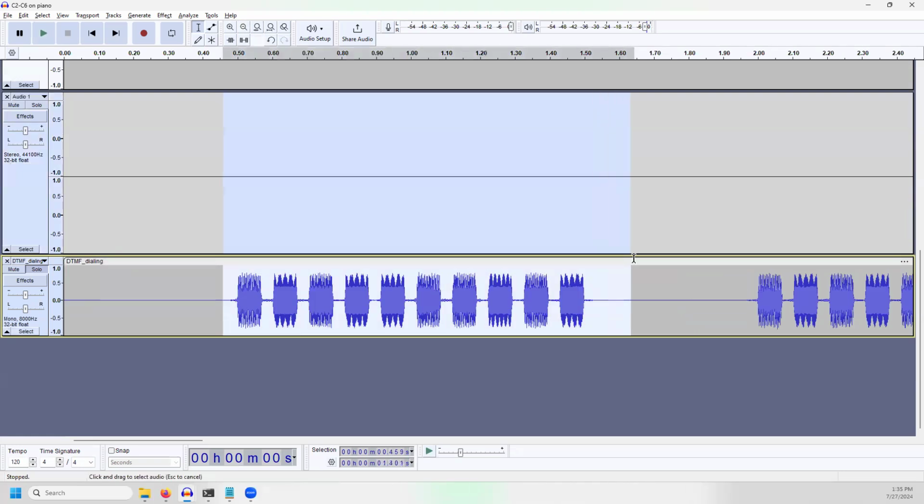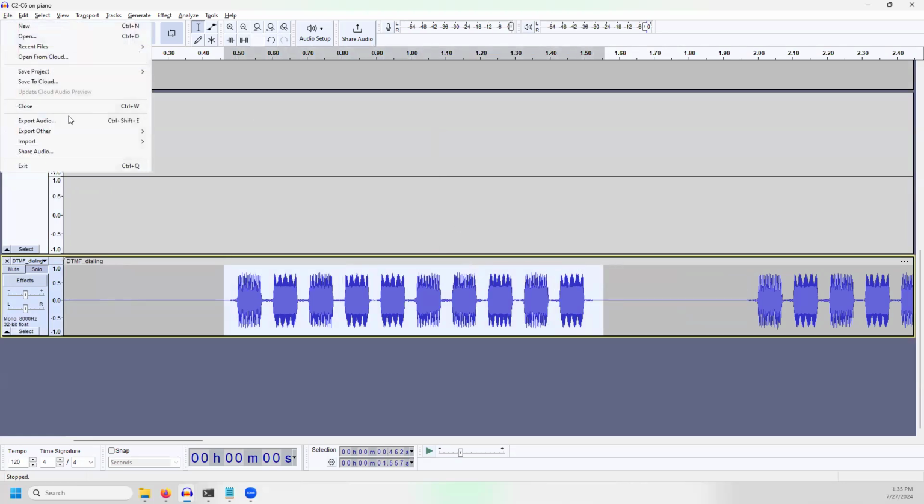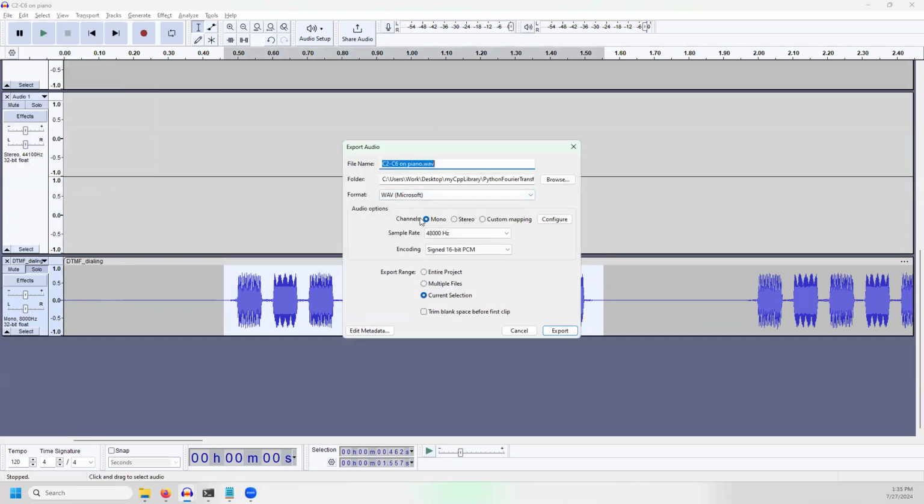So I selected this and went to export audio, exported it as a mono. I think the FFT in Python can handle stereo, that is left and right ear.